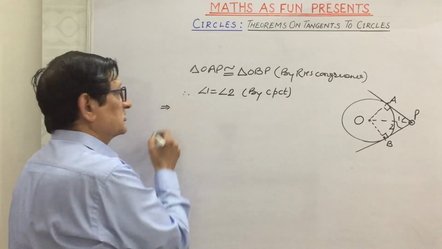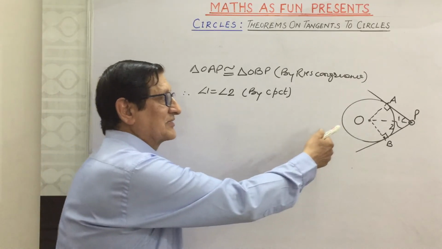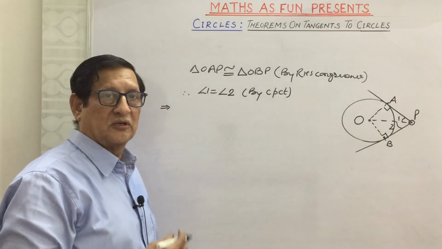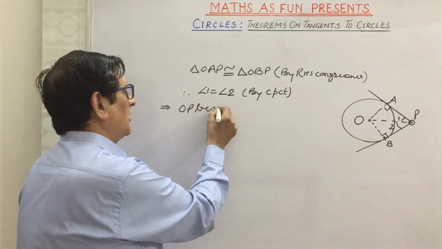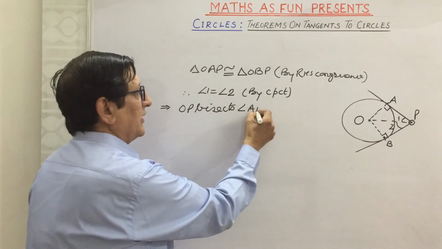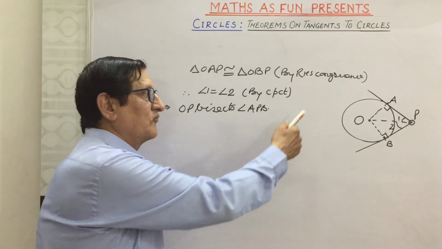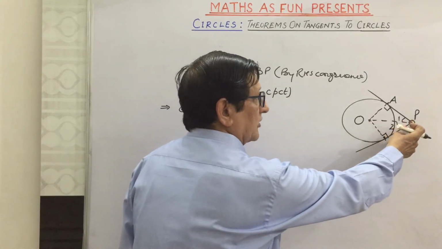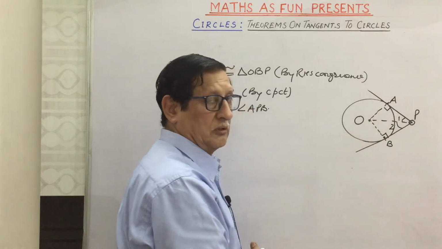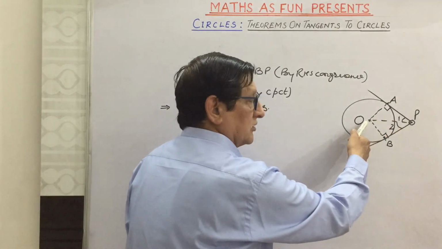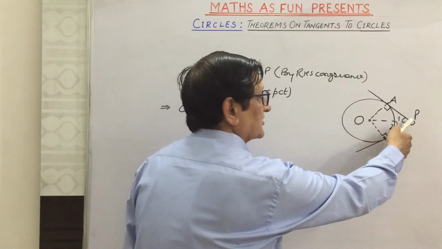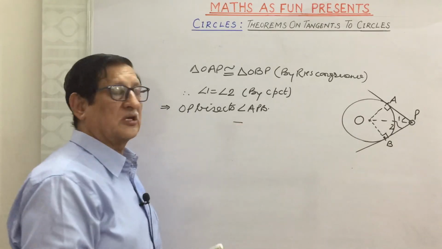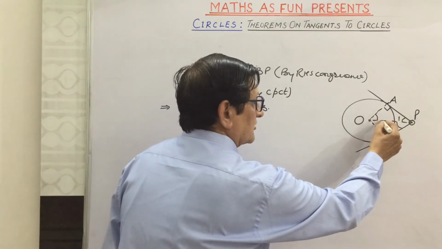It means this shows that line OP bisects the angle APB in two equal parts. So we can say OP bisects angle APB, that is the angle of intersection of the tangents. So this can be learnt as a theorem that if we draw a pair of tangents from an external point to a circle, the line joining the point to the center of the circle bisects the angle of intersection of the tangents.